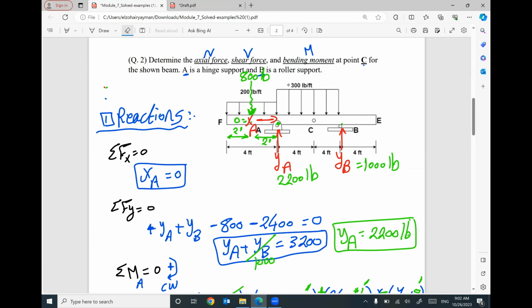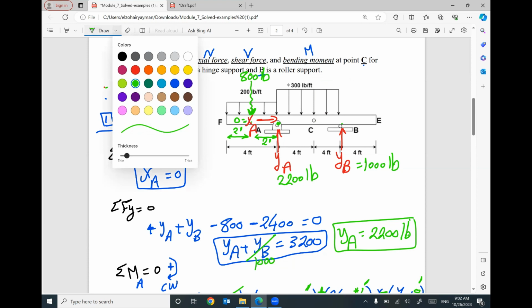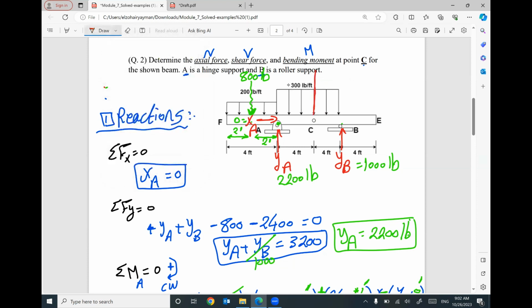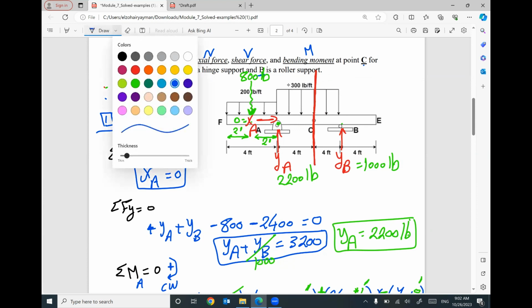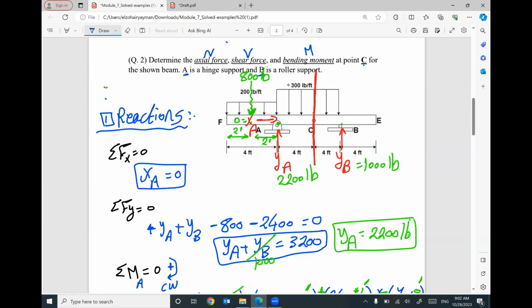Once you set up your reactions, I will do the next step. My next step is I will do cut at point C. This cut will divide your beam to 2 parts. I will decide to use the smallest, the most easy part, which is the right one.